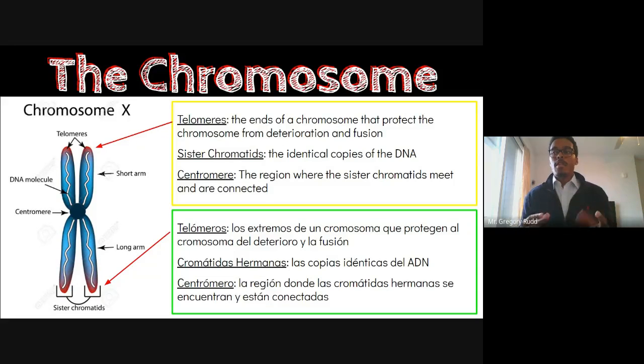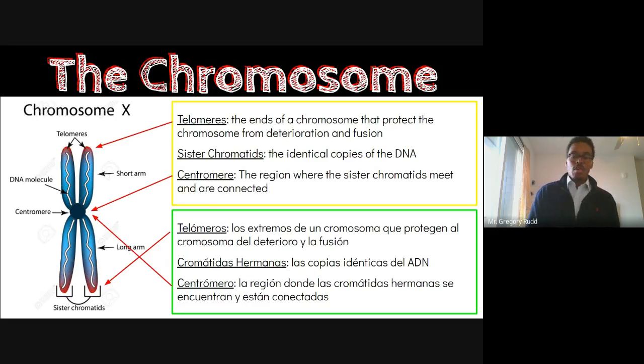And then in the middle of the chromosome, where the two sister chromatids are actually connected to one another, that's a region called the centromere. Centro means center and telo means end, like a telephone that allows me to call someone from another end of the phone line.